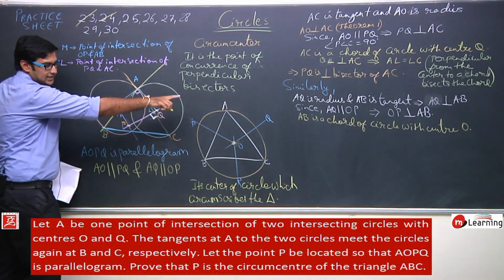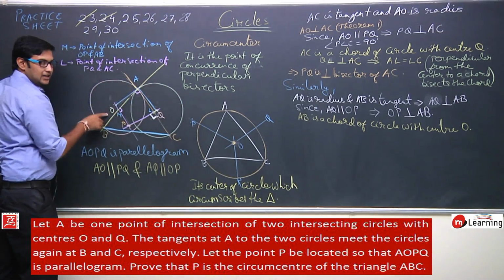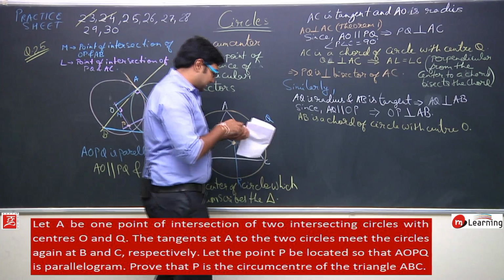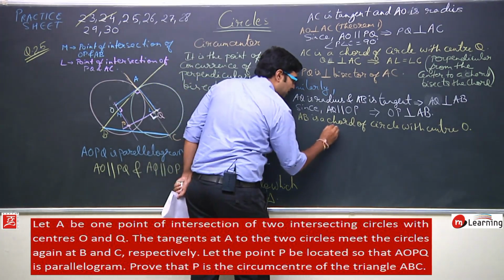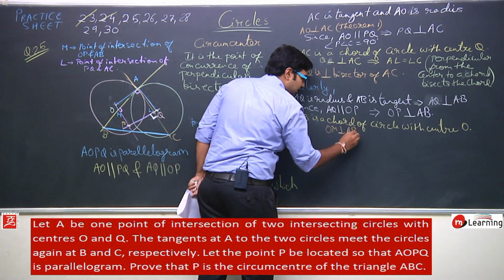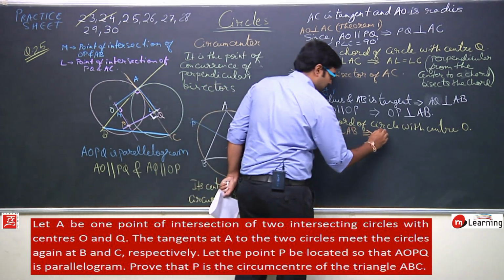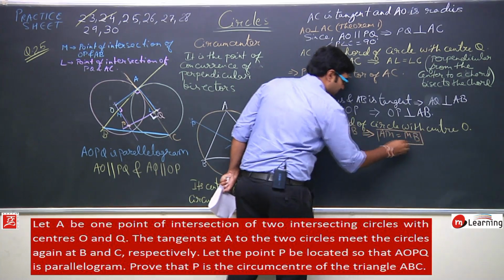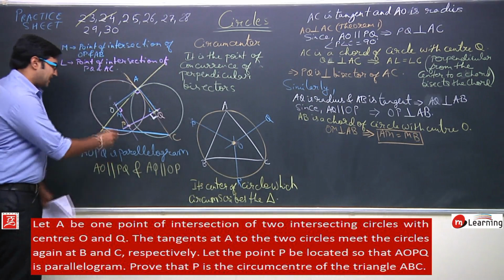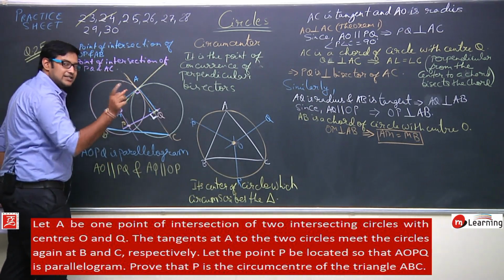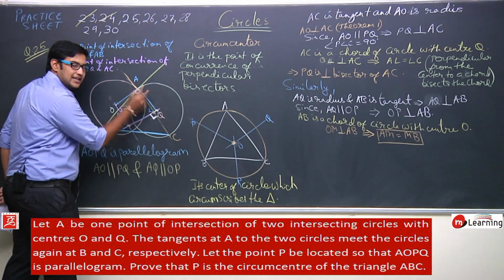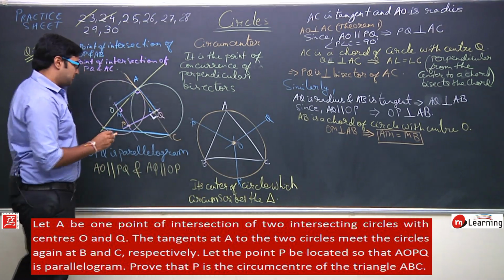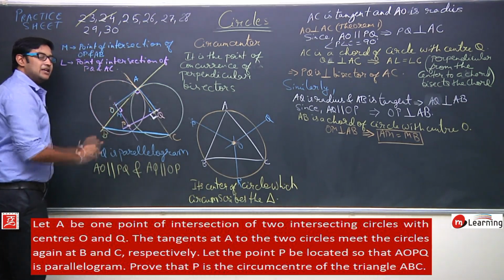So this OM is perpendicular to AB, which implies AM equals MB. This M is the midpoint of AB, just like L is the midpoint of AC. Similarly, this point M bisects the AB line.